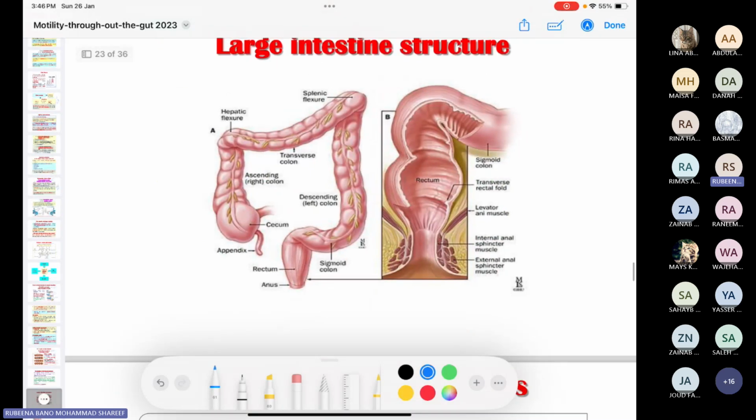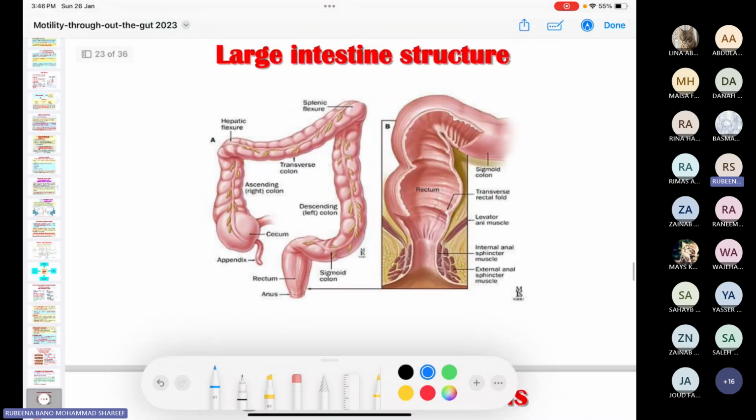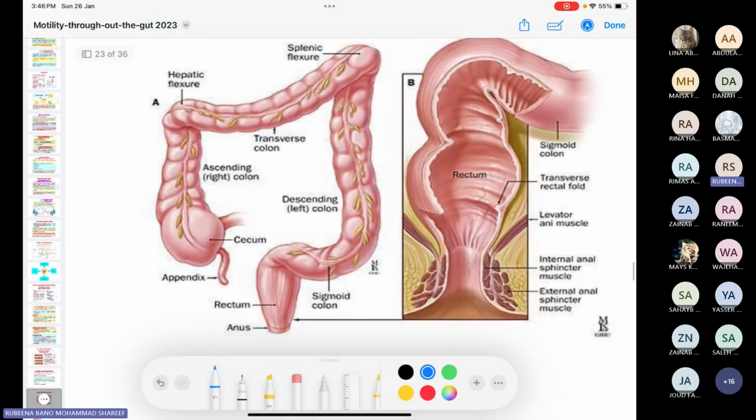Now, moving on to the large intestine, let us first see its anatomy. This was the last part of the small intestine. This is the cecum. This is the ascending colon, because it is going up, and this is the hepatic flexure.